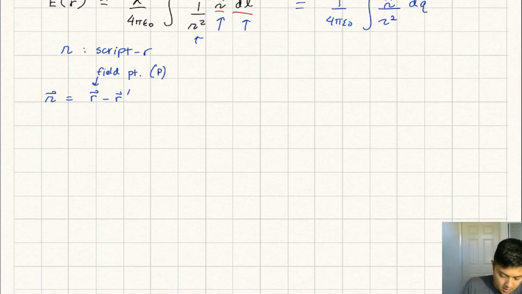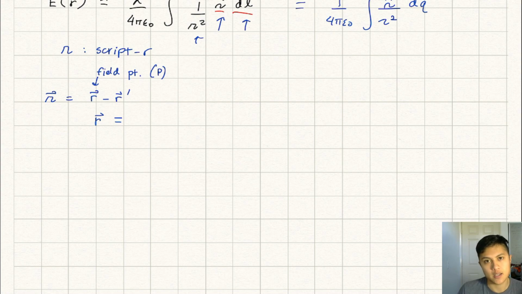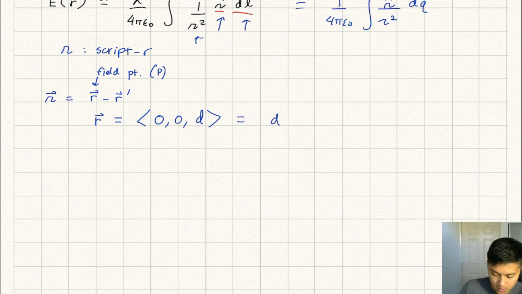That's easy. The point P is at the origin in the xy plane, but it's also a height d in the z direction. So the vector would be 0, 0, d, or equivalently d in the z hat direction, so there's zero x and y component.